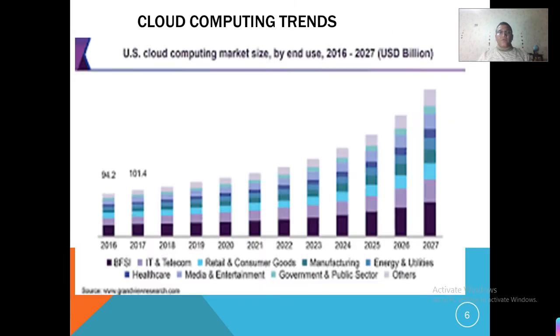Now, before going deeper into cloud computing, let us understand its trend. Let us understand, does it really mean something to talk about cloud computing? Does it really help us to learn cloud computing? In the figure you can see the trend of how cloud computing is emerging, and the companies, organizations, and businesses have realized the potential of cloud computing.